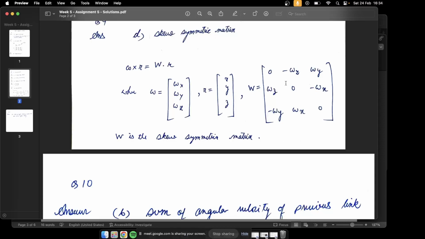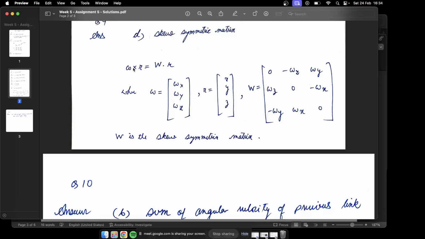And similarly, a 3 cross 1 vector can also be represented as a 3 cross 3 skew symmetric matrix. So what happens is that operations like omega cross r, which is shown here, are equivalent to saying that I am multiplying the skew symmetric matrix of omega with r, right?